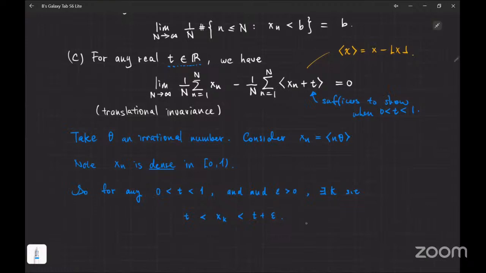So let's draw a picture here. Say this is the interval from 0 to 1. Here is t, here is t plus epsilon, and xk is somewhere here. So this k is a specific index that lies inside this interval.